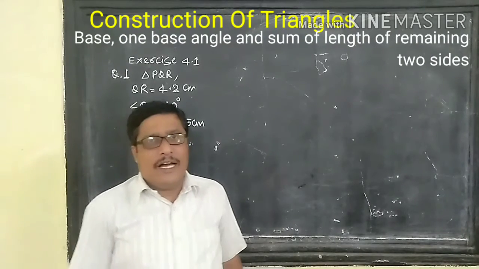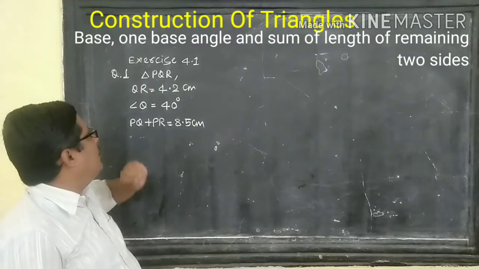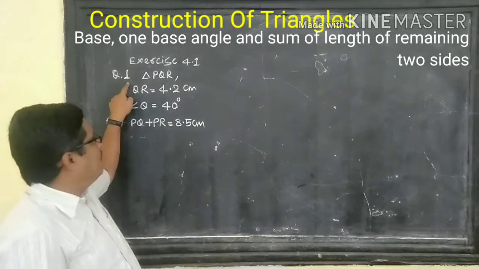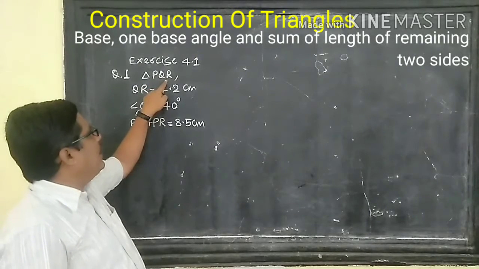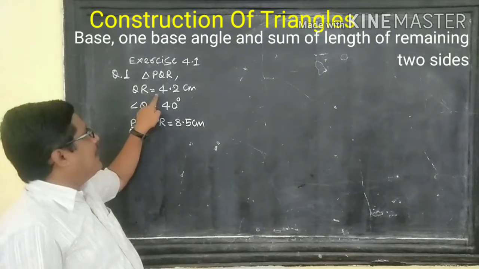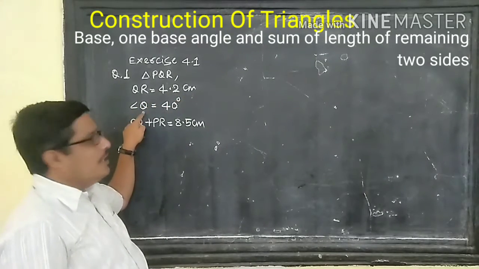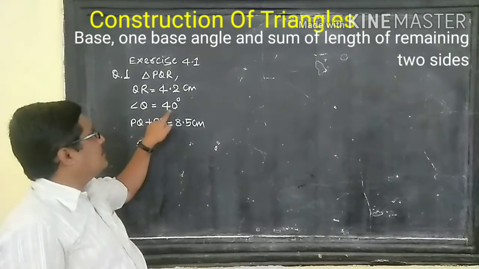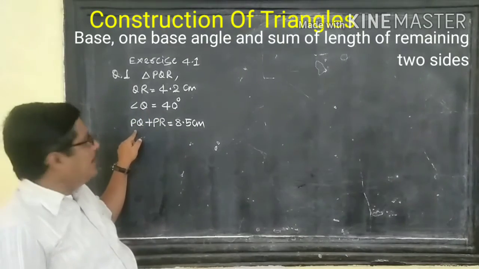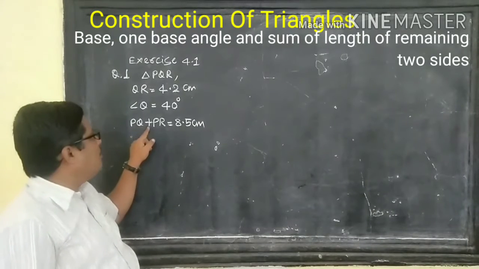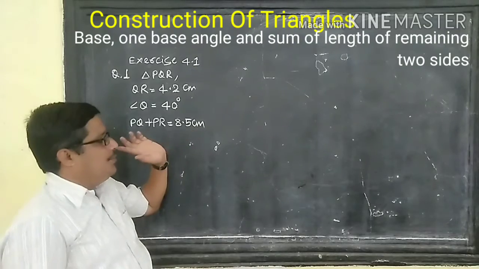So for that I have taken one example from exercise 4.1, that is question number 1, in which we have to construct triangle PQR where QR is base and it is 4.2 centimeter. Angle Q is base angle, that is 40 degree, and the sum of length of remaining two sides, that is PQ plus PR, is equal to 8.5.